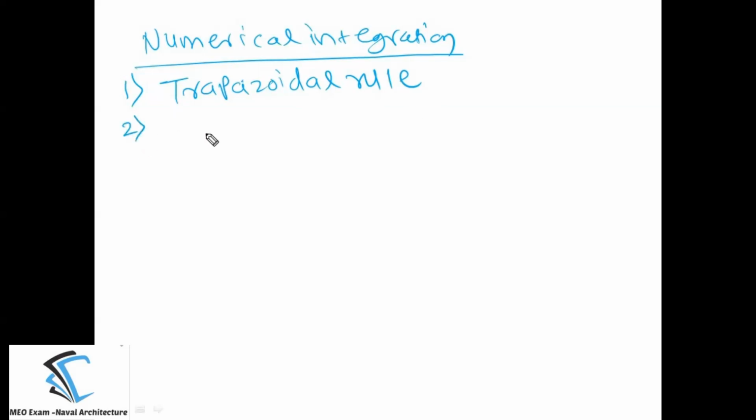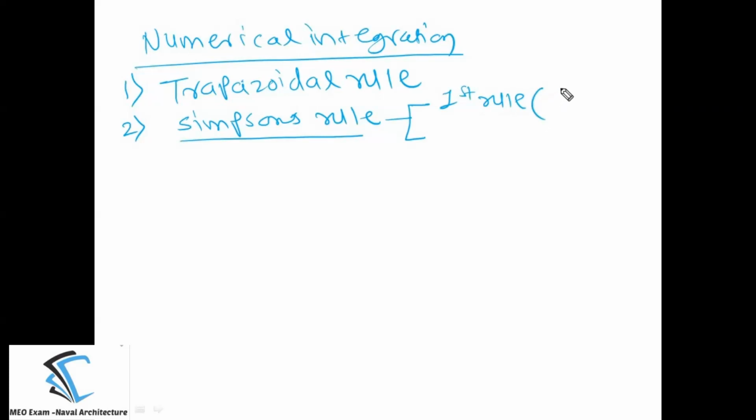And the second rule which we are going to use is Simpson's rule. Simpson's rule also has two different rules. We will call it Simpson's first rule, sometimes Simpson's 1/3 rule.